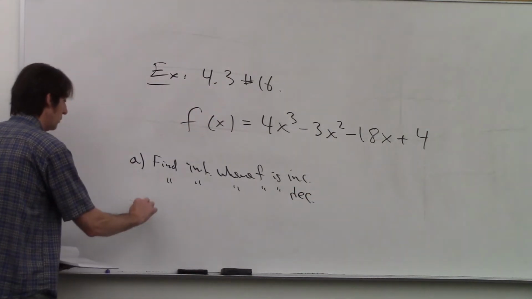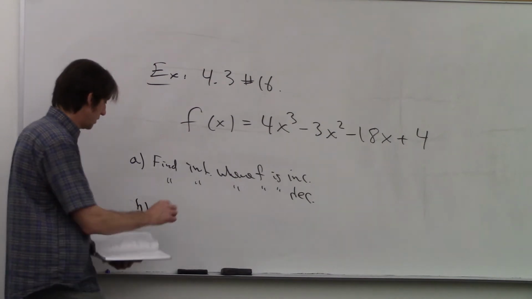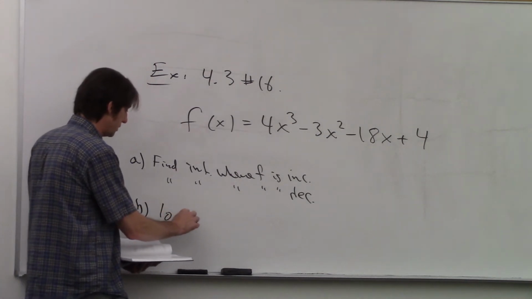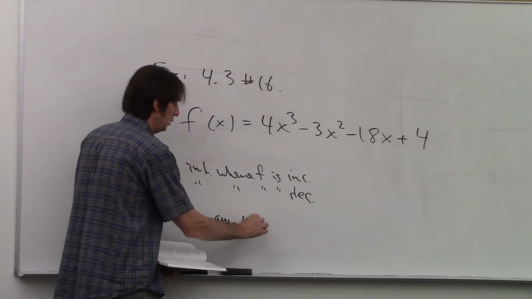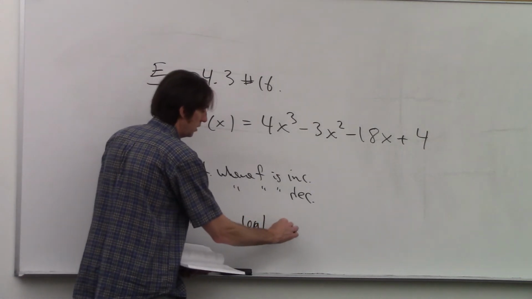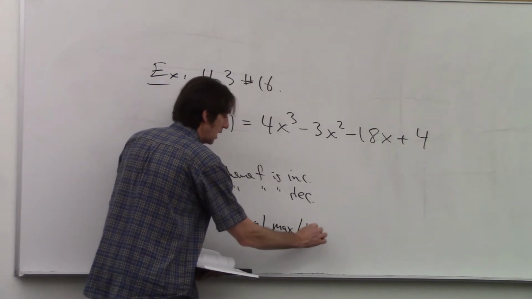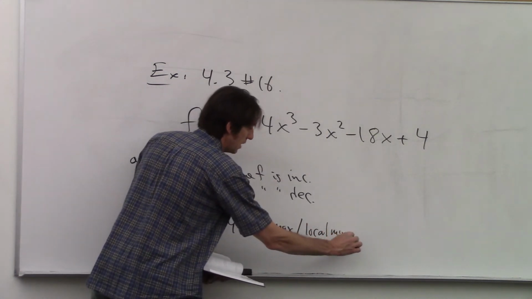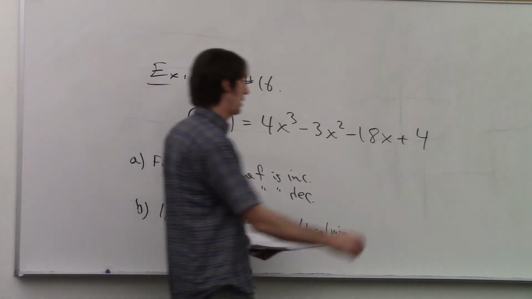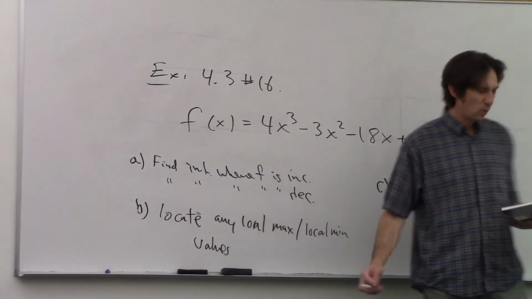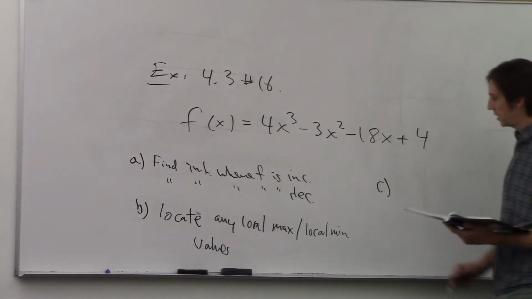That's the first part. For the second part, I'm going to locate any local max and local minimum values. And then the third thing we'll do in this example is we'll find the intervals of concavity.